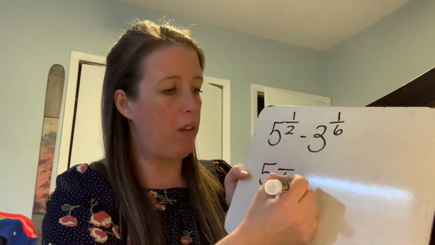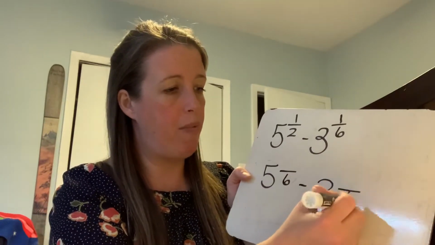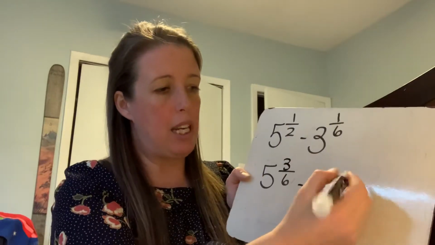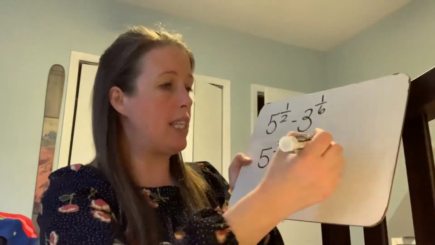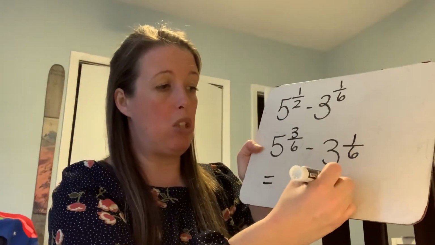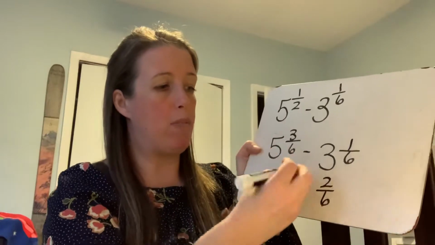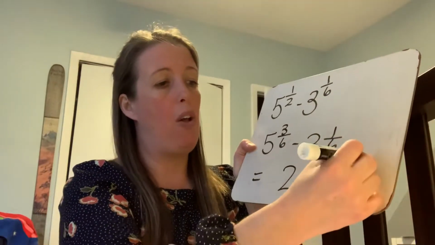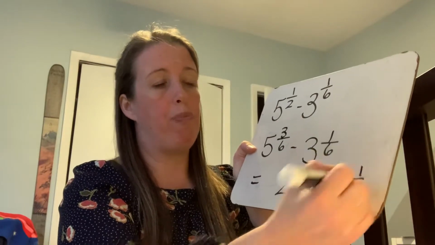Eventually they both would have turned into 6ths. So when we subtracted them, 3/6 minus 1/6 is 2/6. 5 wholes minus 3 wholes is 2 wholes. And you could have even renamed that 2 and 1/3.